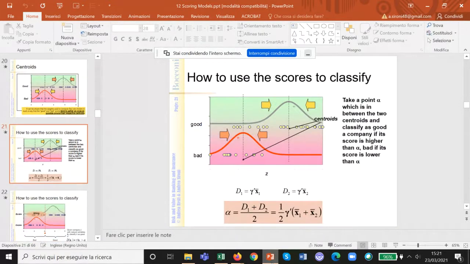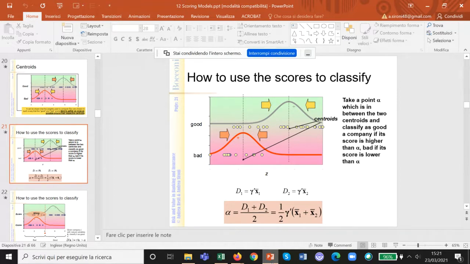And if we do that, then on top of the centroids, which are the two mean values for good and bad companies, we can also compute, let's say, a cutoff point, if you want a rule of thumb, which is the midpoint between the two centroids.